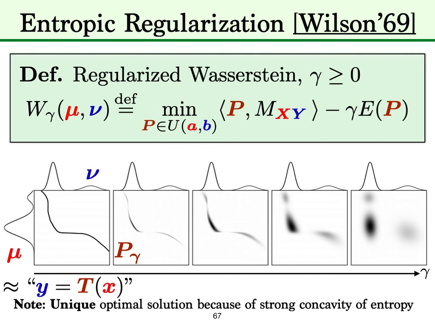We don't want to blur in areas where we cannot create mass. So we have this very specific, strange blur that kind of blurs things when you don't really care in terms of cost, but doesn't blur anything when actually you're not allowed to transport more than you can. And when you start increasing the strength of this regularization, you just get to the product of the marginals that we've mentioned before.